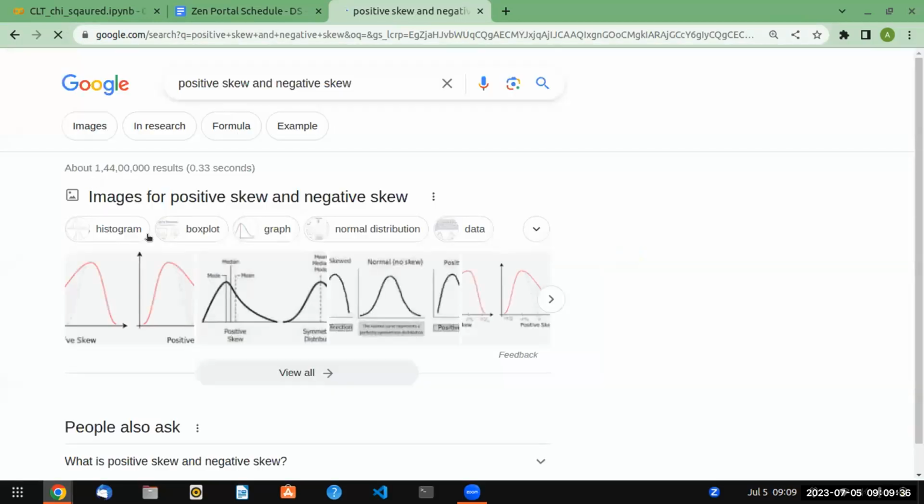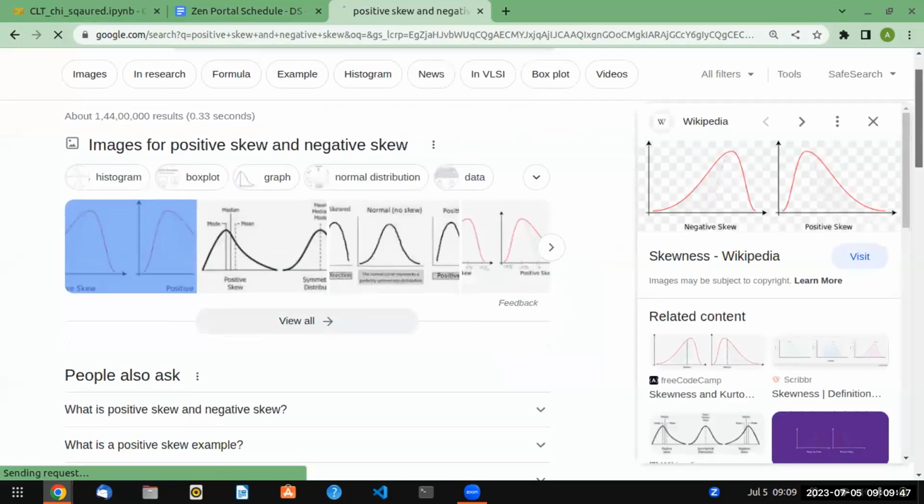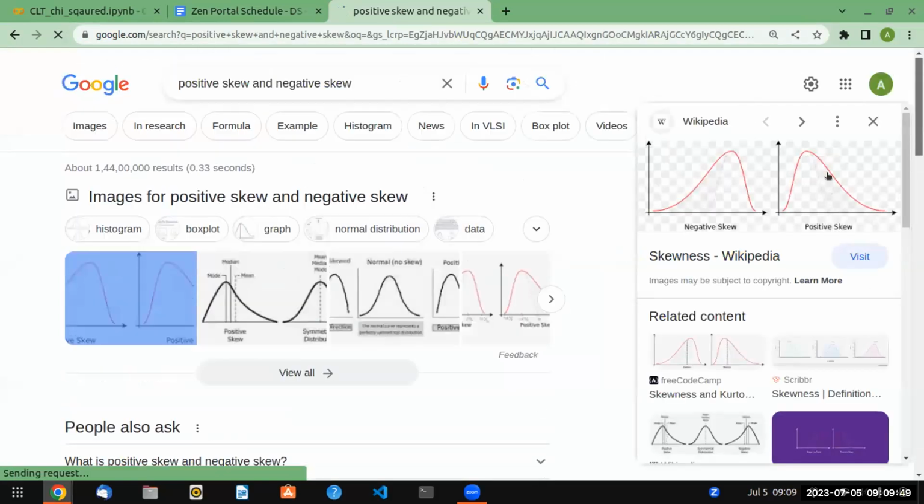If you see here, you were talking about the positive direction and the negative direction. I think that is correct. This is called positively skewed. Can you see the figure on the right-hand side? Left, toward the negative side, is negatively skewed.